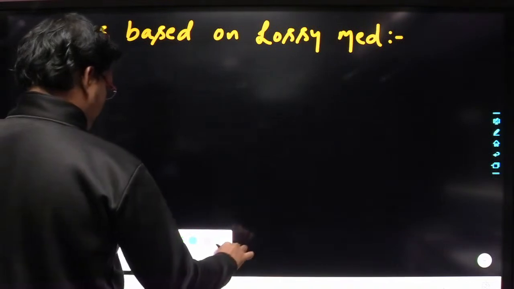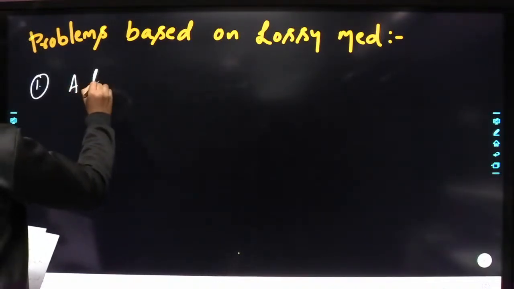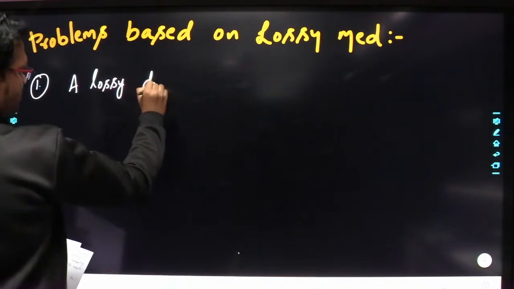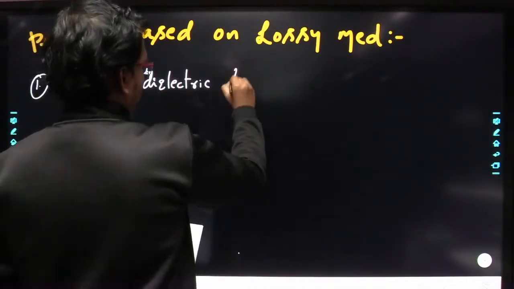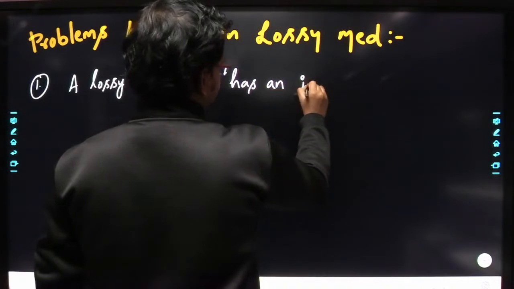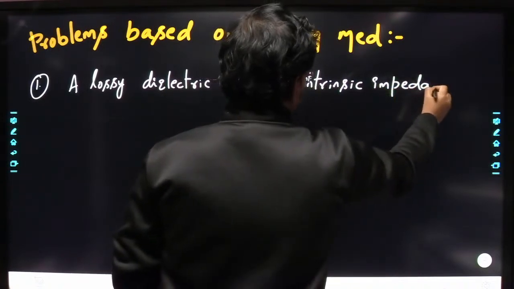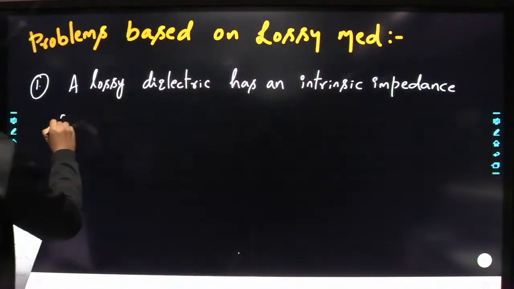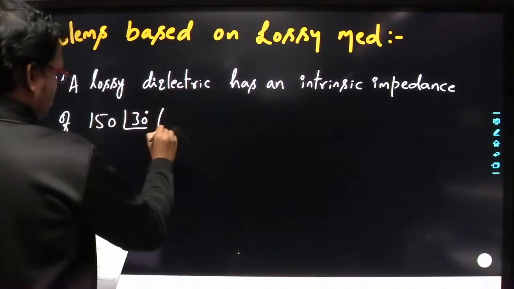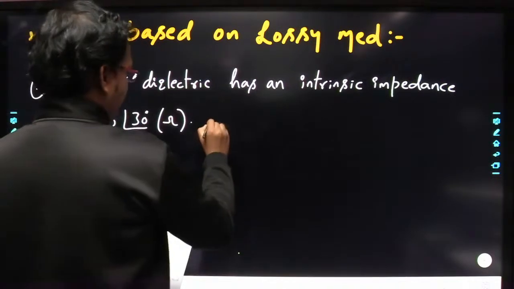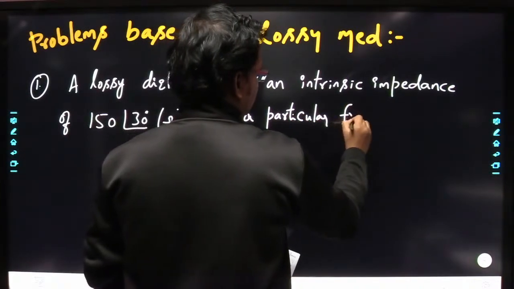So write down this problem. The first problem: a lossy dielectric has an intrinsic impedance of 150 at an angle 30 degrees ohms, at a particular frequency.